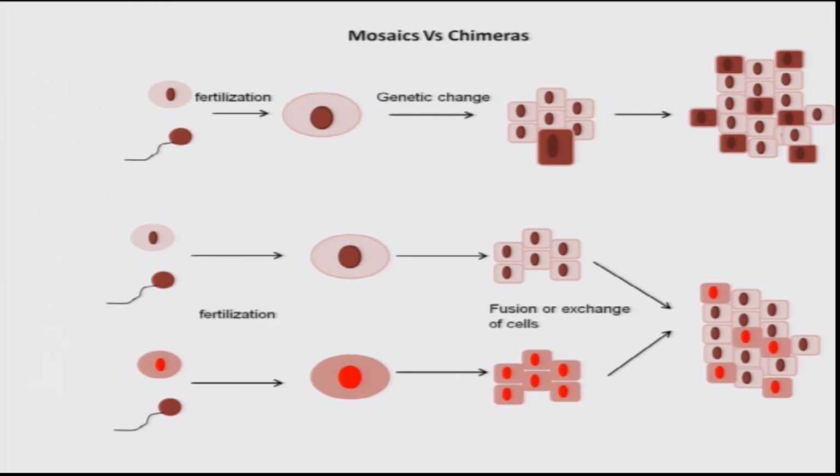Or there could be conditions wherein, during development, two independent embryos result from the fusion of two independent sets of sperm and ovum, and when they develop together, they may fuse to form what is called a chimera. They have a mixture of two different individuals, so to say, but eventually they develop as a single individual.